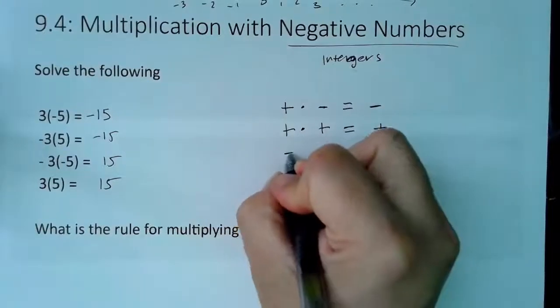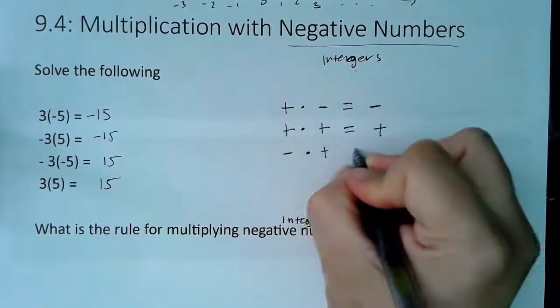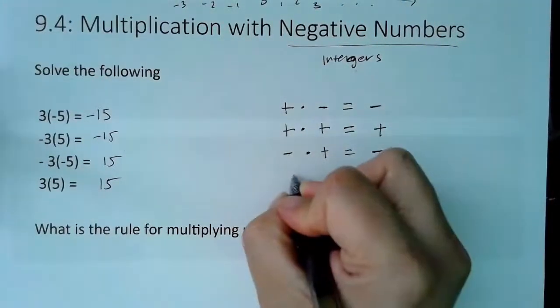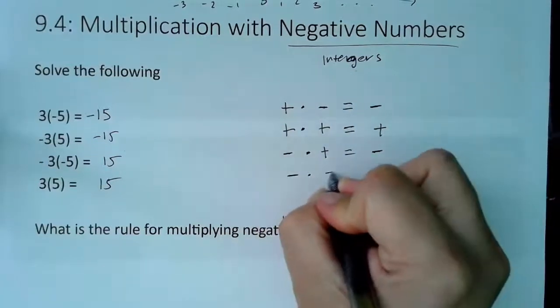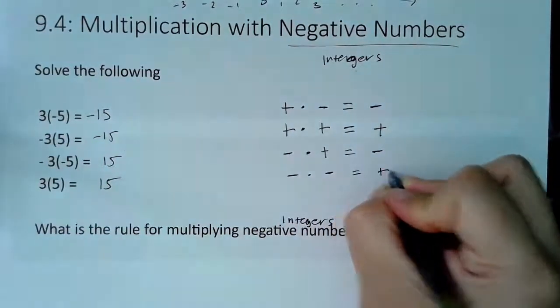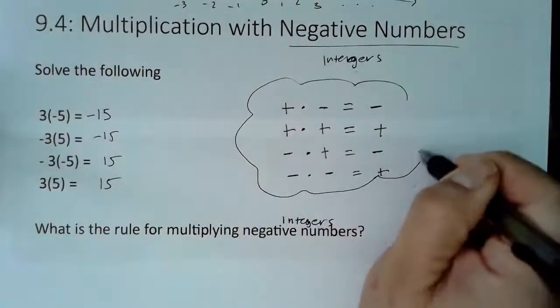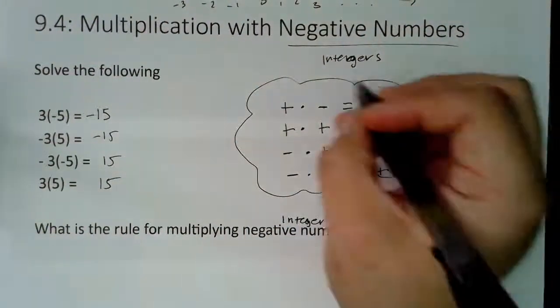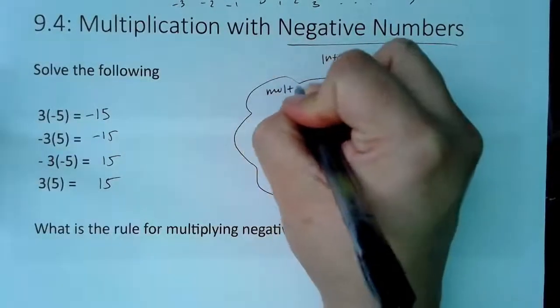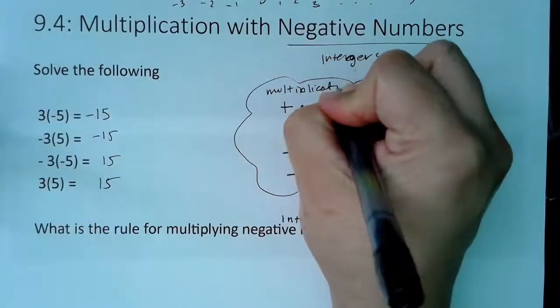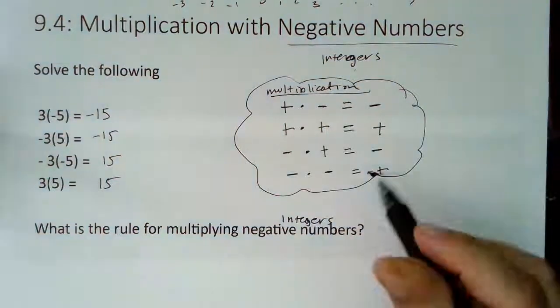If you have a negative number times a positive number, that's also negative. And if you have a negative times a negative, that's positive. Okay, so that's basically the rule. Just make sure you have it somewhere. This is for multiplication, and then you'll see later that it also applies to division, but we'll talk about that in the next section.